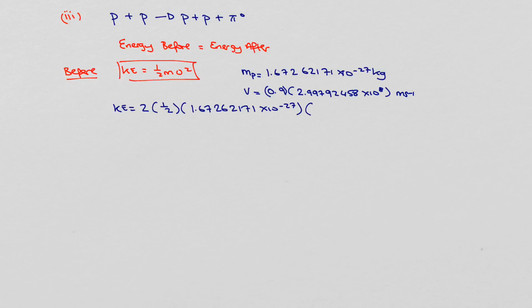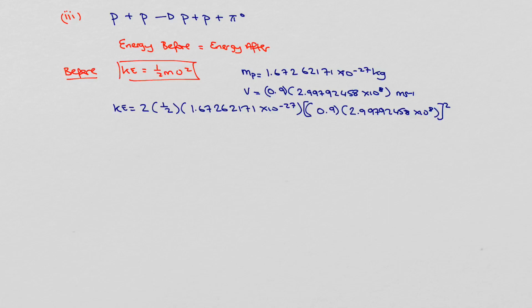And then times the velocity, 0.9 times the speed of light. And it has to be the speed of light, 2.99792458 by 10 to the power of 8. Okay, and of course it's v squared.